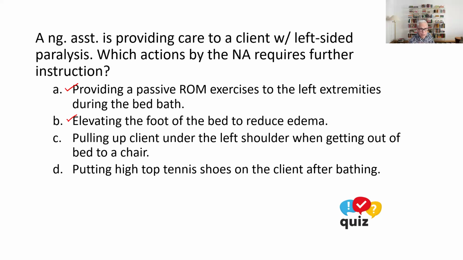Pulling up the client under the left shoulder when getting out of bed to a chair. This is going to be something that would cause dislocation and therefore is going to be dangerous.